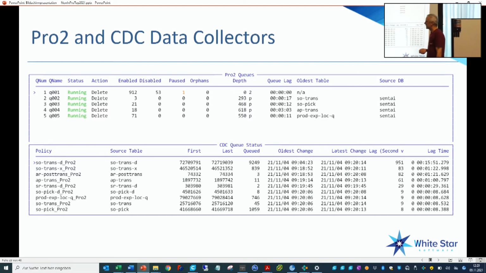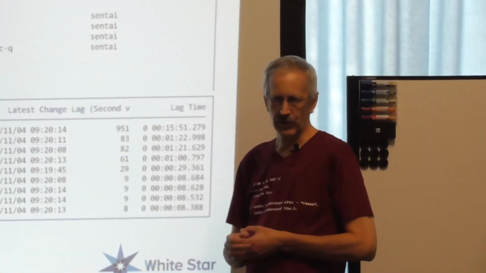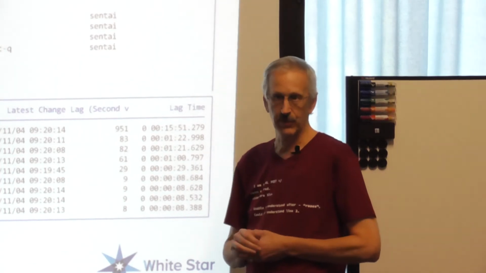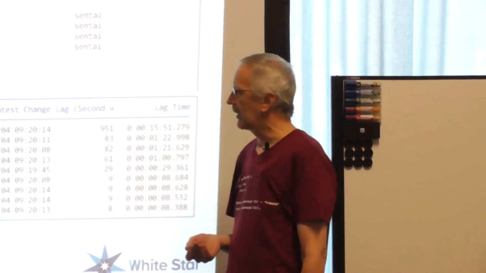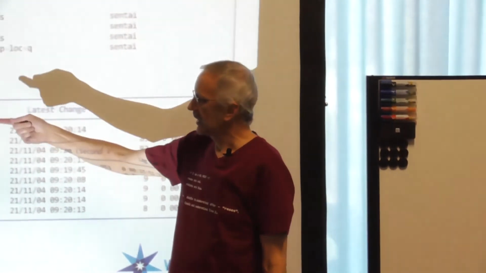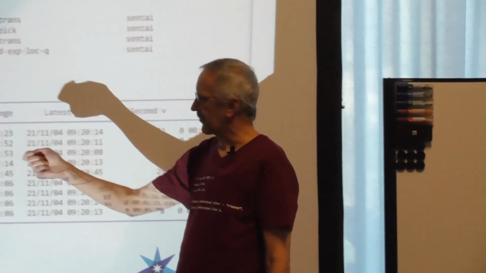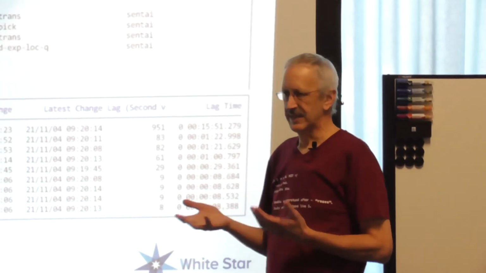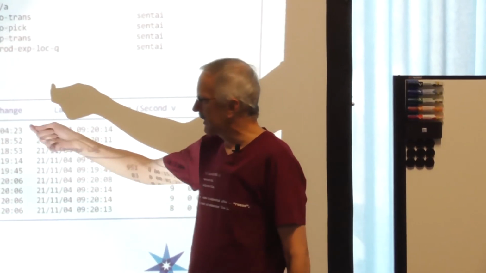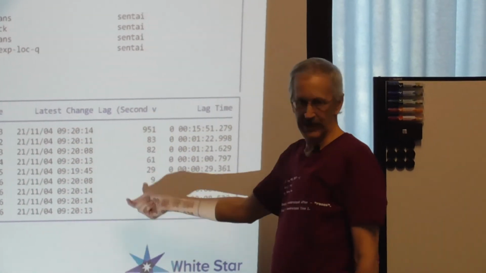Now, you may be using the newer Pro2 that is based on change data capture, or you might be using one of the older ones that's trigger-based. If you are using change data capture, whether you're using it for Pro2 or for some completely different purpose, there are some similar considerations where each policy generally maps to a table, and there's going to be a first and a last record that has been maintained by CDC, and that'll give you the number of them that are queued, and you know what the oldest change is, so therefore you know what your lag time is.